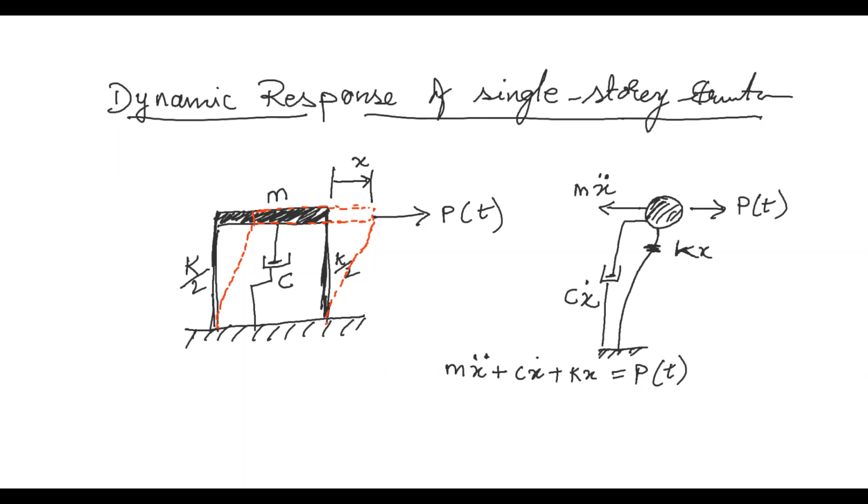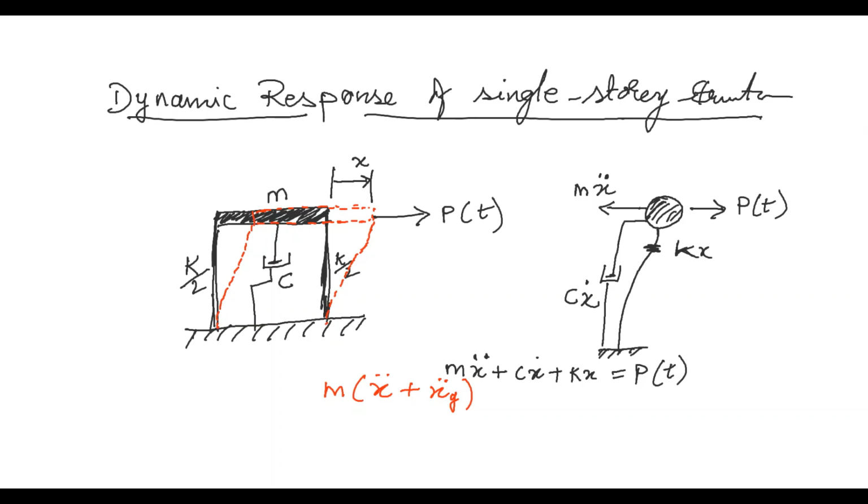In this equation, whatever we have found, the ground acceleration also will be there. So the mass term, which is mass into X double dot, whatever we have written, will be modified as mass into acceleration plus x double dot g, the ground acceleration.